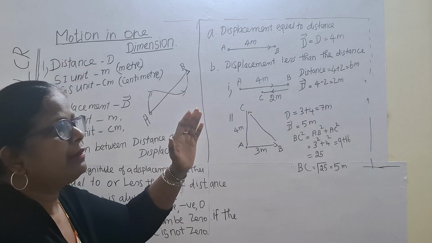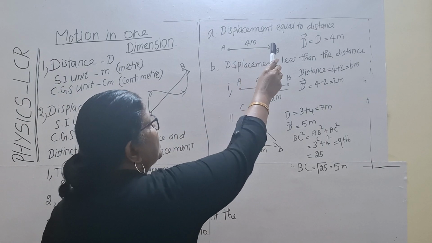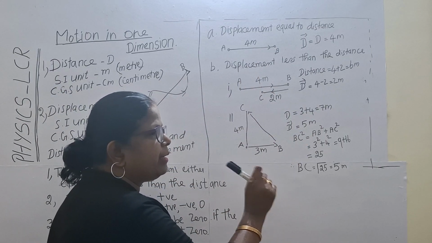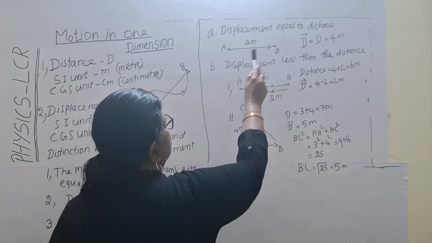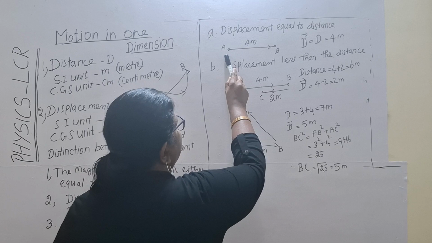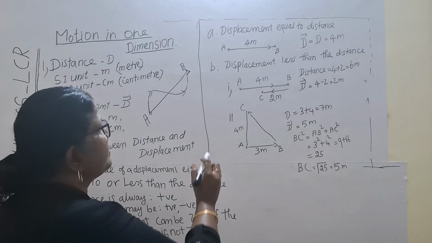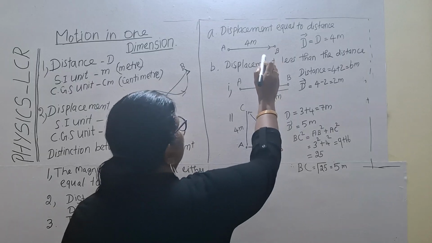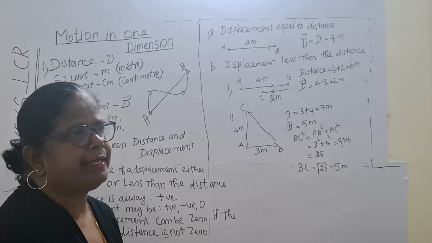When displacement equals distance, the body is moving in the same particular direction. Here the body moves from A to B, and the distance between A and B is 4 meters. So only in this condition are distance and displacement equal.